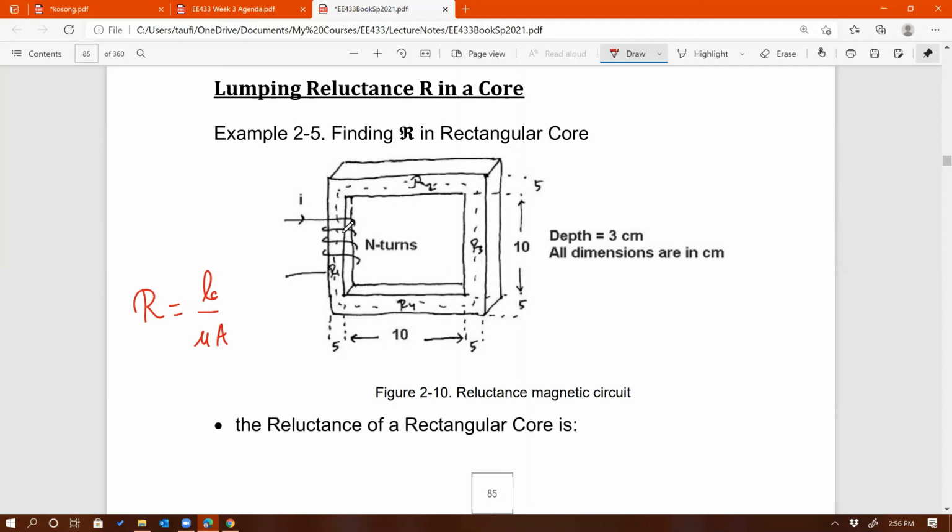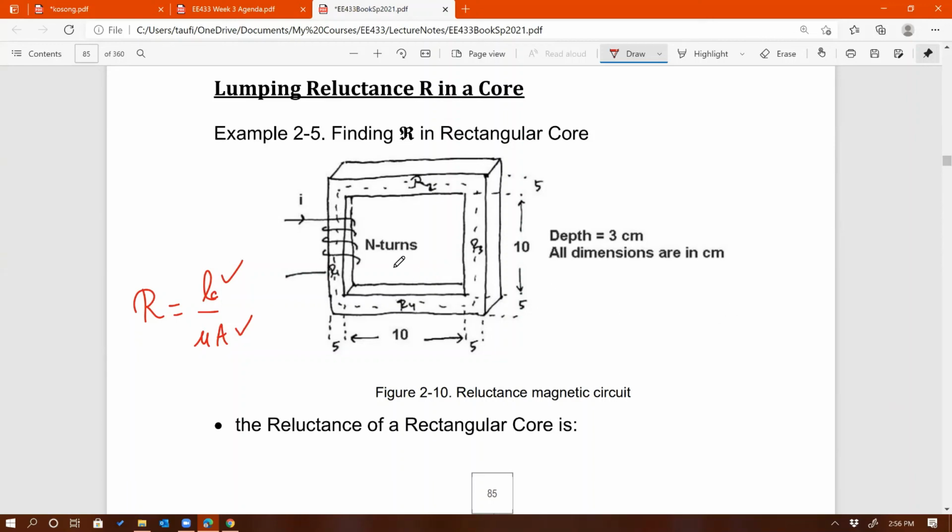All four sides will have the same mu, but it is possible that each side will have a different length and different cross-sectional area. So calculation of reluctance will typically involve looking at the details on the length of the path, or in this case the side, and the cross-sectional area for that segment of the core.